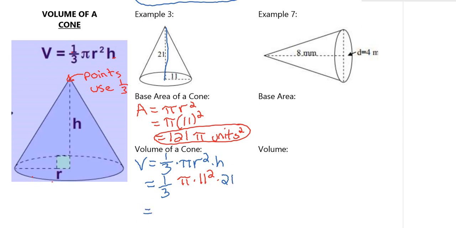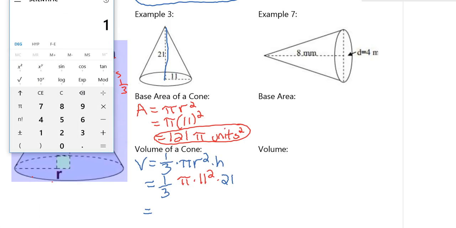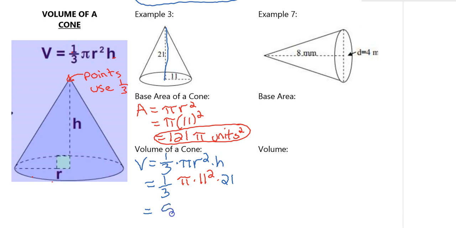Again, I can type it in the calculator without the pi. So 1 divided by 3 times 11 squared times 21. I get 847, and this is units cubed.